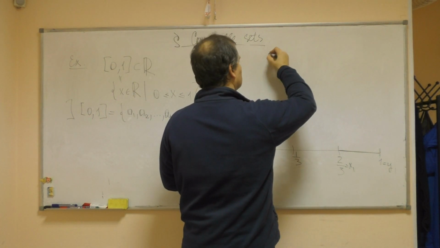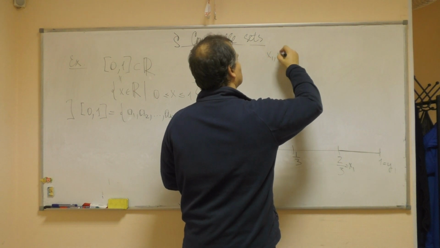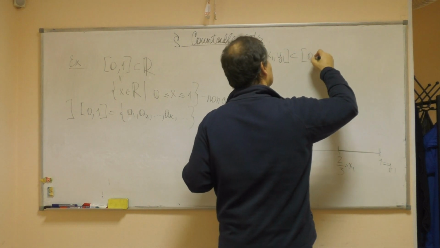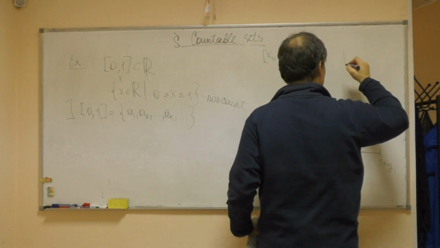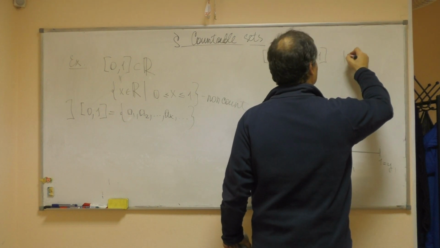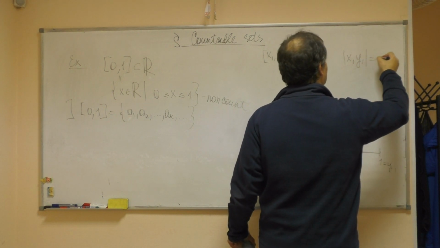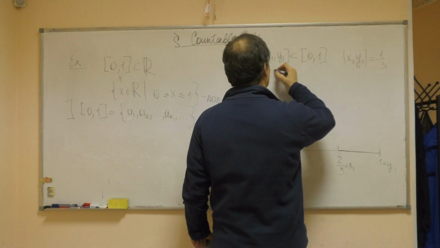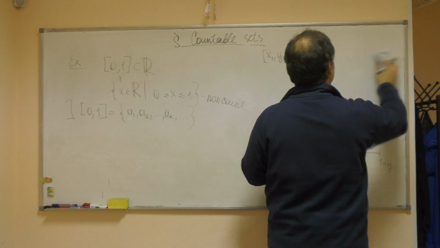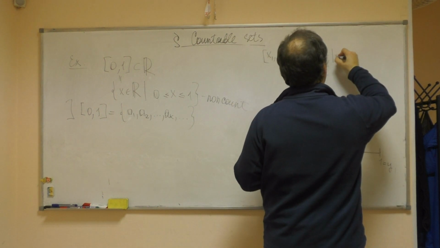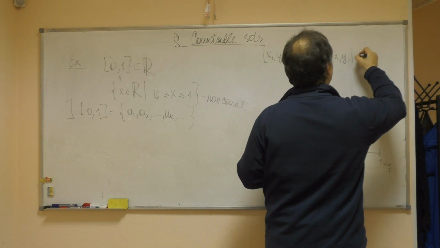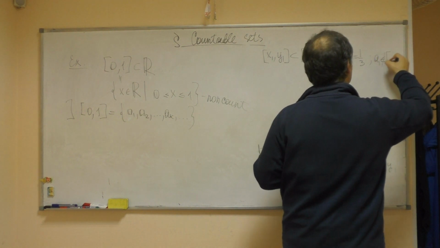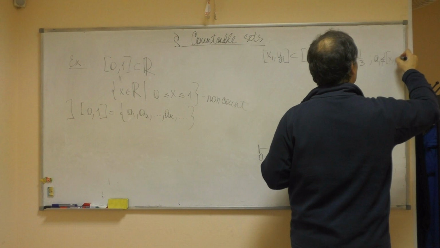Well, let us write it down. So x1, y1 belongs to our initial segment 0, 1. The length of x1, y1 is equal to 1/3, and a1 doesn't belong to x1, y1.